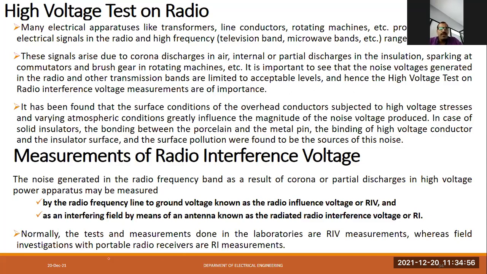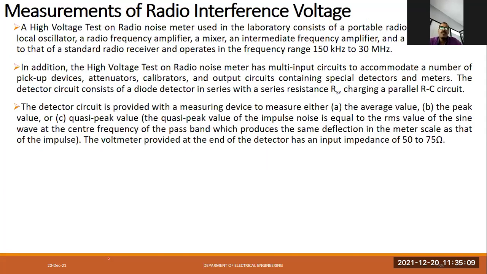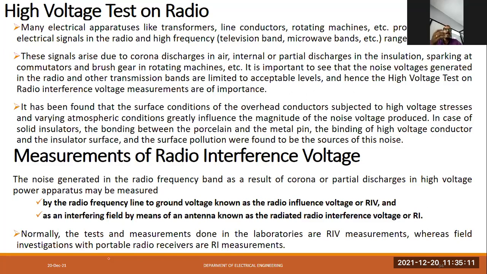So it is very important that the interference between our actual signal and the radio signals should be in an acceptable range. If not, then at the time of the high voltage test, radio interference voltage measurements are very important.